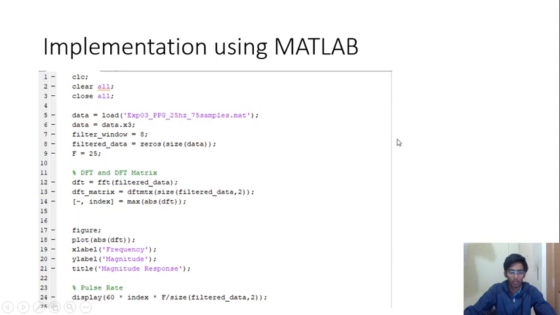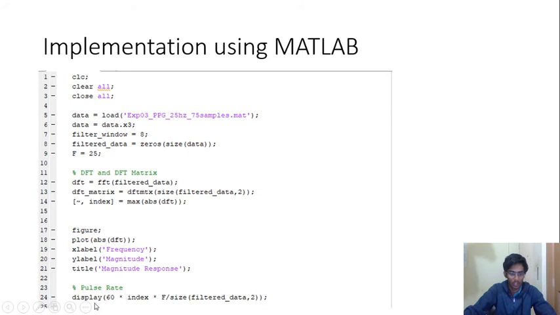Now we will be implementing both autocorrelation and DFT on the PPG signal in MATLAB. So here is the data input. This is the sampling frequency. Now to find the DFT and the DFT matrix, this is the code.